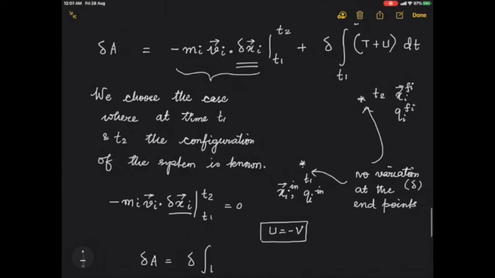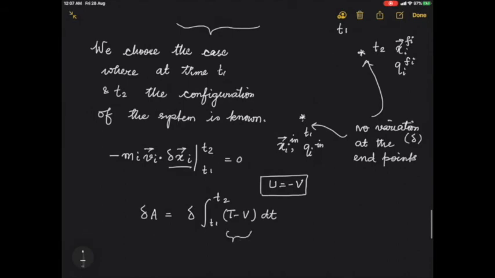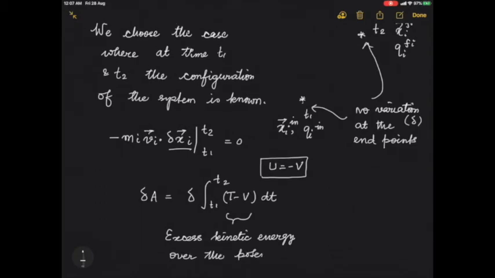So which means delta A now becomes delta of the integral from T1 to T2, T plus U becomes T minus V, and then integrated over time. And this quantity, you can think of this as excess kinetic energy over the potential energy.